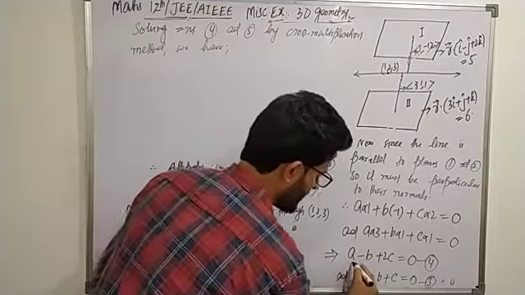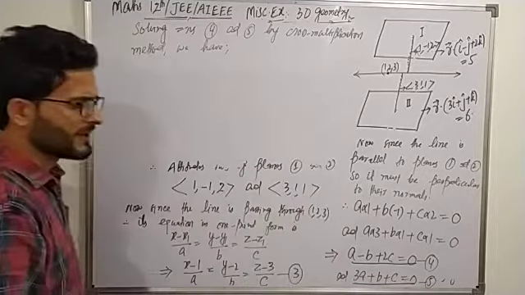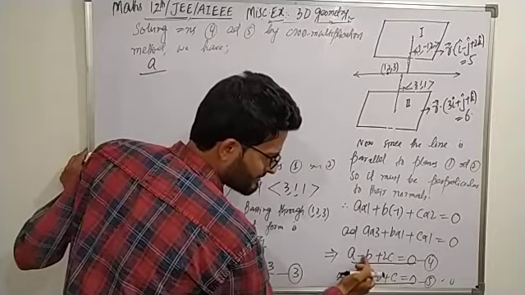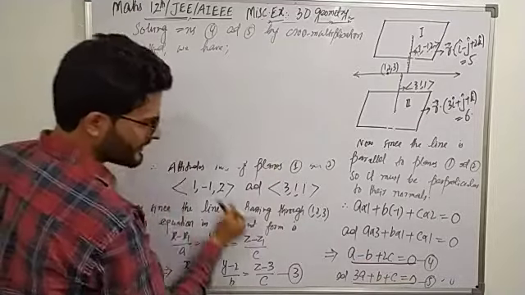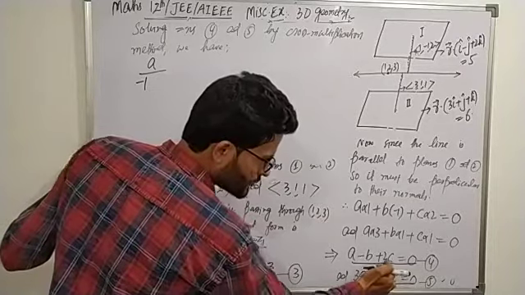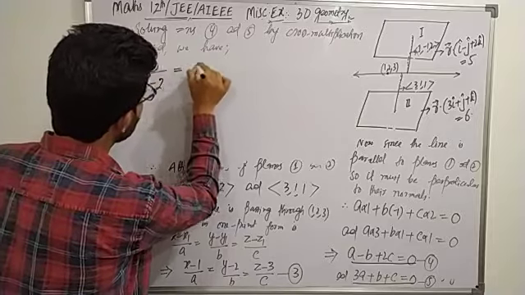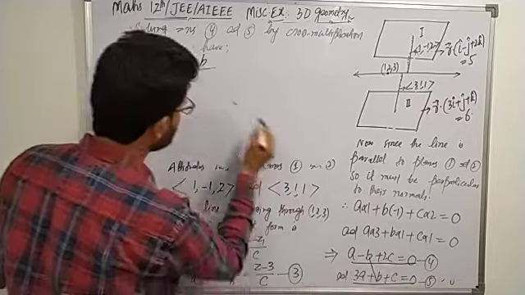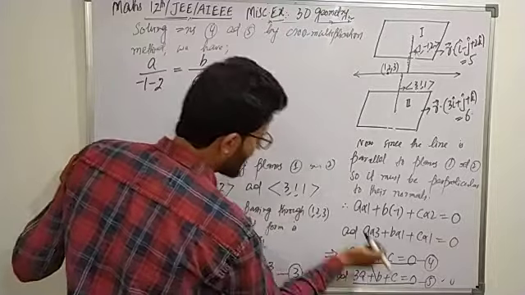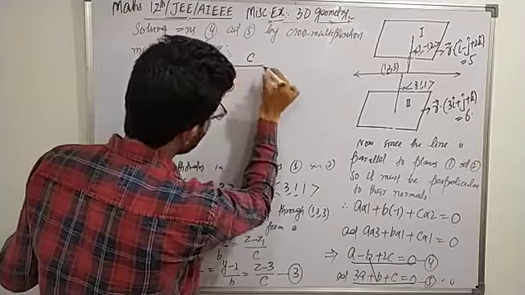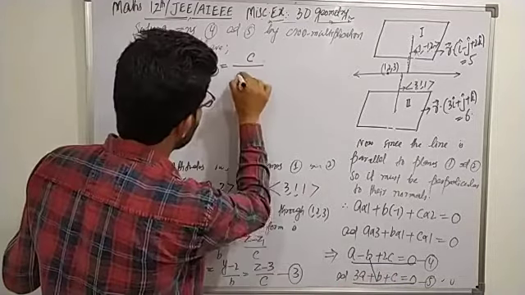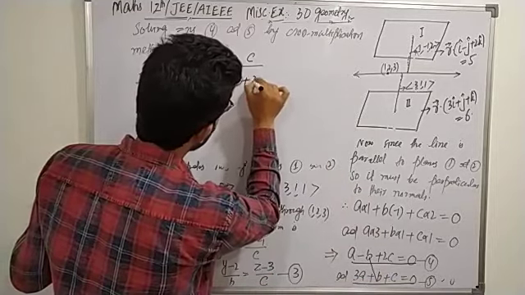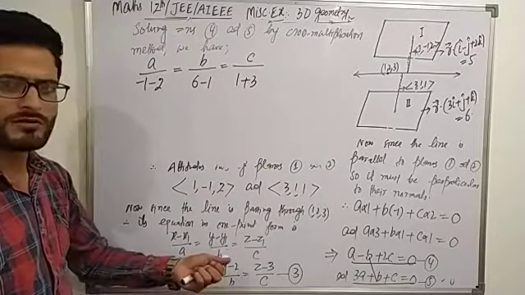a divided by, leaving a, the cross multiple of the coefficients of b and c, that is -1 into 1, which is -1, minus 1 into 2, which is -2, is equal to b divided by, now leaving the coefficients of b, here 3 into 2, that is 6, minus 1 into 1, that is 1, and that must be equal to c divided by, leaving c, 1 into 1, that is 1, minus 3 into -1, that's -3, so it will become 1 plus 3, by the cross multiplication method that you have done so many times.